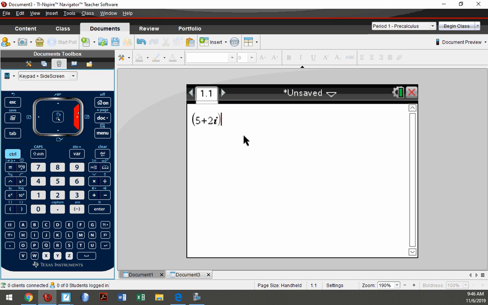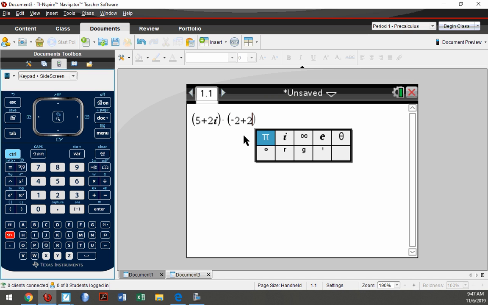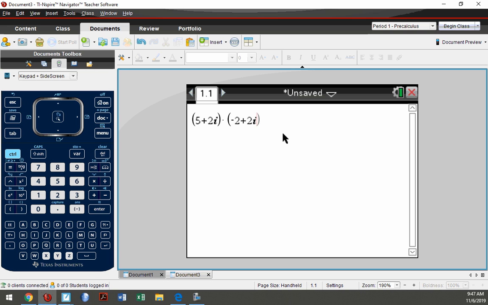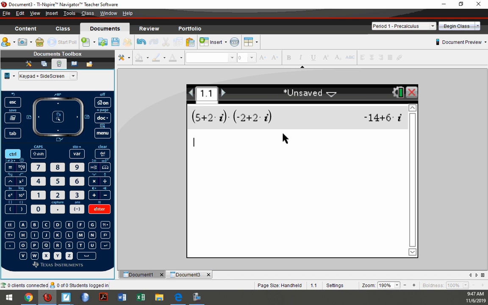Arrow out to the right to get out of that parenthesis. Times parenthesis. Now, what did we say that was? -2 plus 2i, I think. And hit enter. What does that give you?